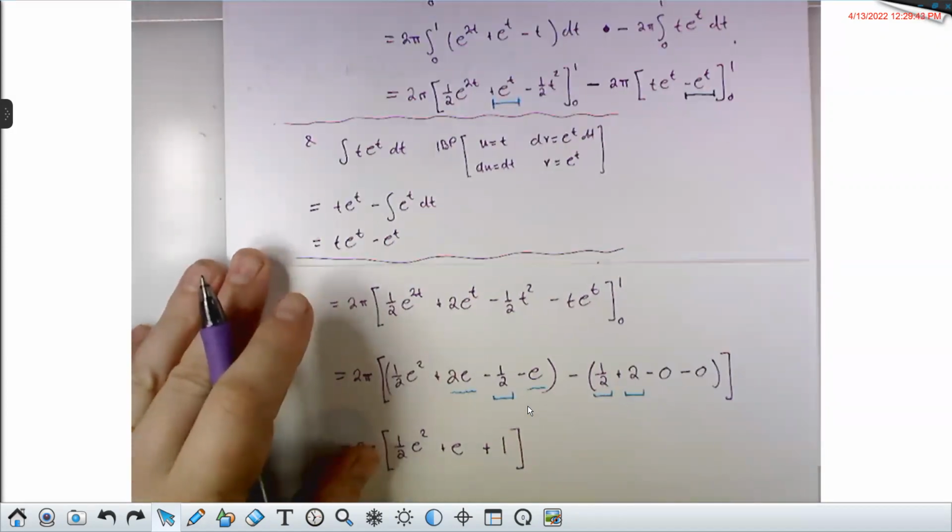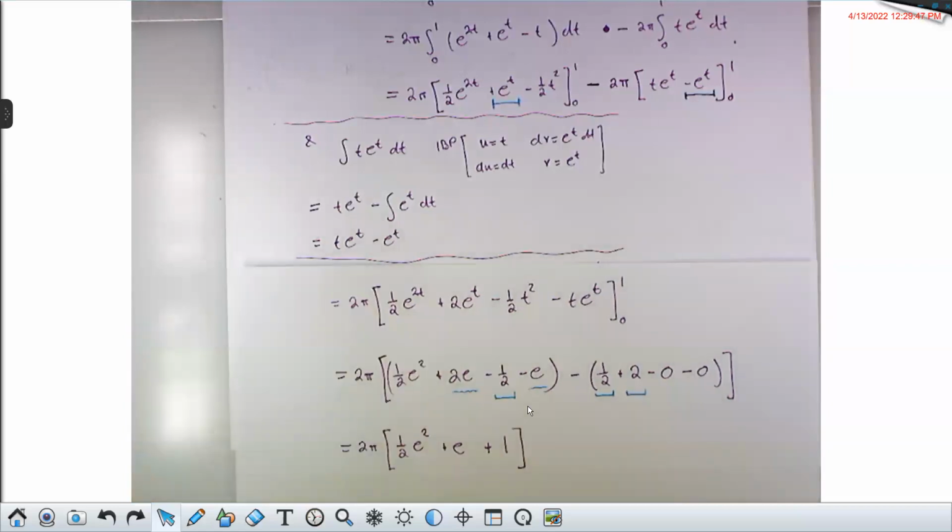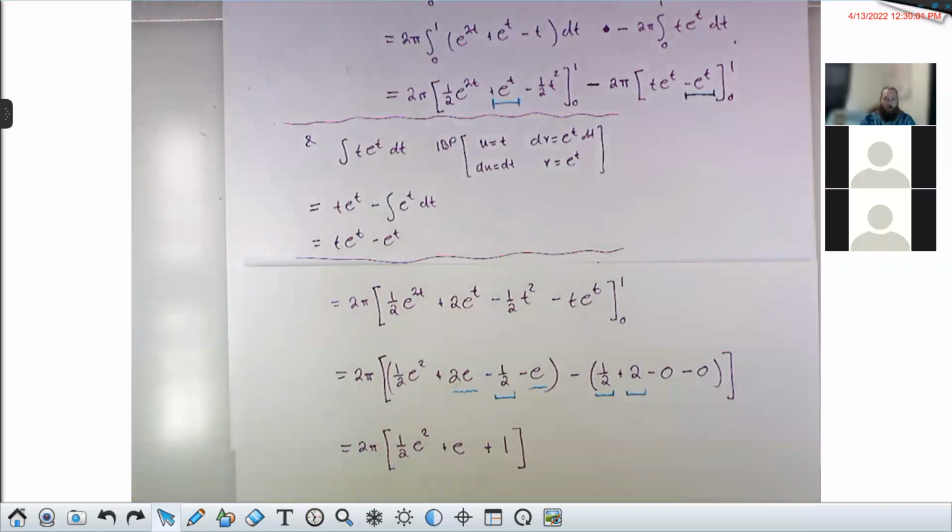Now this problem was fairly quick, but a lot of the work we were getting from that previous example, right? Simplifying the square root of dx dt squared plus dy dt squared. That's a big part of the problem. So all of these, arc length, surface area, they are fairly involved, right?